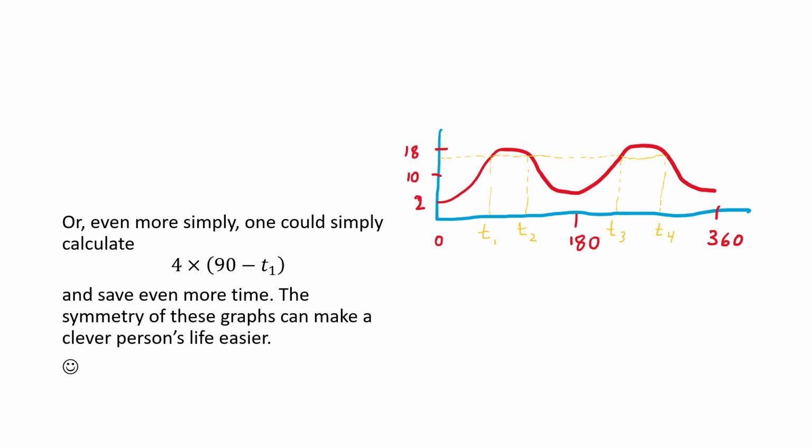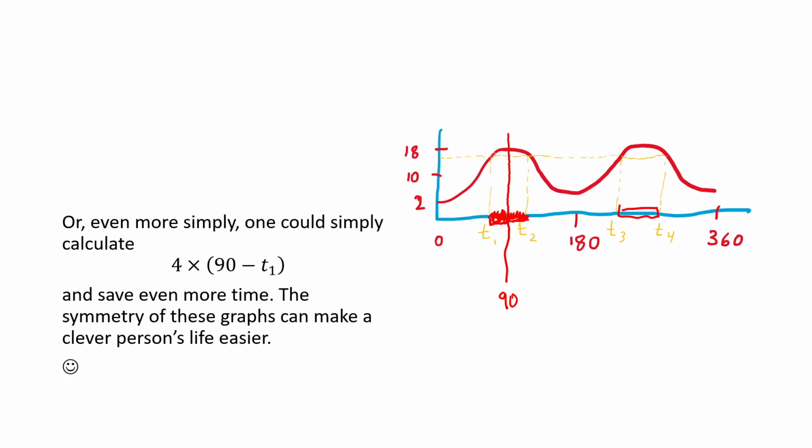And to blow your mind a little bit further, what you could even have done is said this. Right there, where I've drawn, is 90 seconds. Whatever this is equal to is going to equal this, symmetry of a circle. So we can take the horizontal distance from T1 to 90 and multiply that by 2 to get the horizontal distance from T1 to T2, and then multiply that by 2 to get also the T3 to T4.